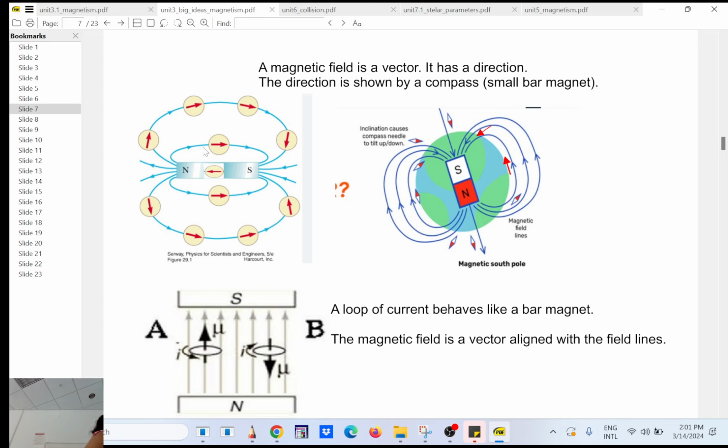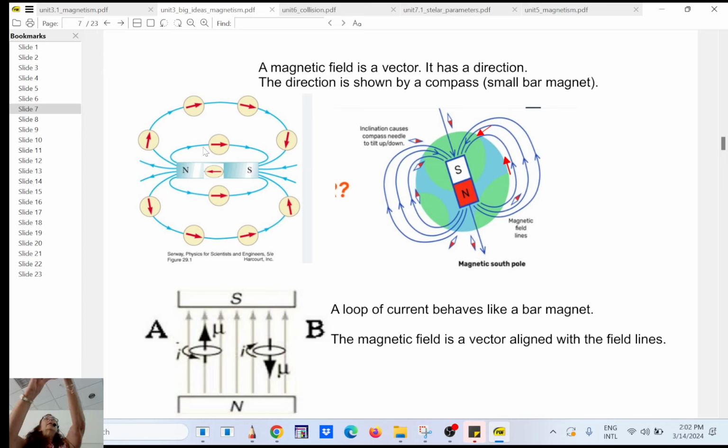Now, remember, if you have a loop of current, a coil with a wire going around and around and around, connected to a power supply, you take your right hand and go along the current, so the current is flowing this way.